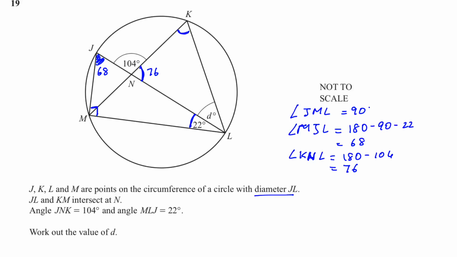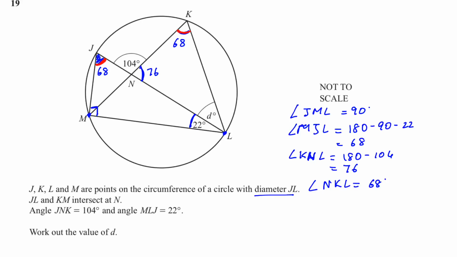And angle NKL will equal to 68, because the angles starting from the same chord in the same segment are equal. Therefore, angle J is equal to angle K, and this is going to be 68. Now we have got two angles in a triangle, and we need to find d.